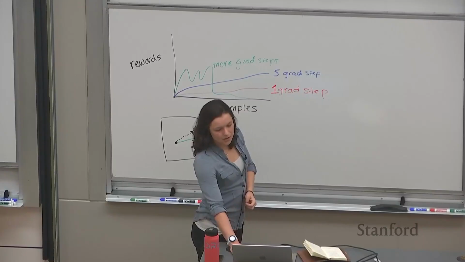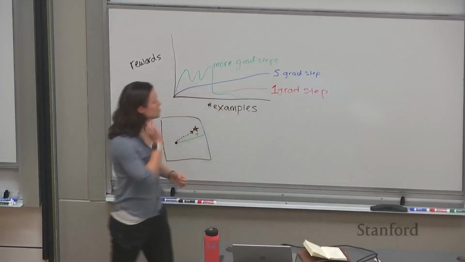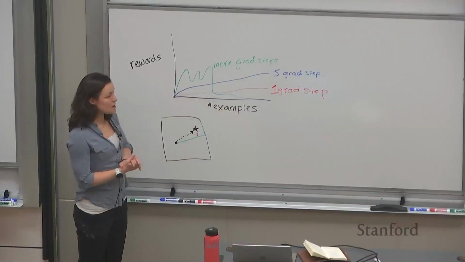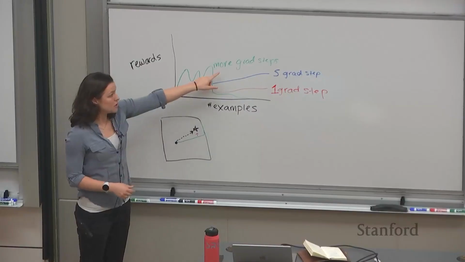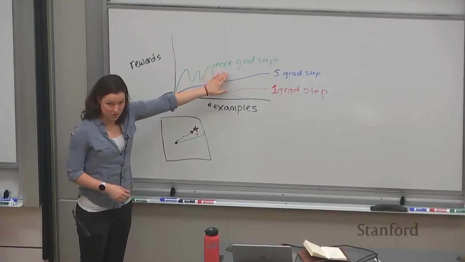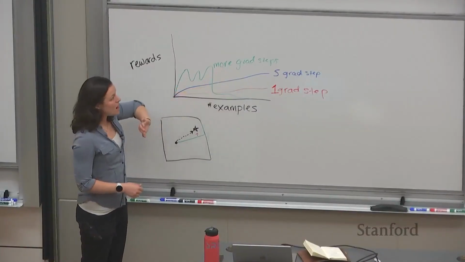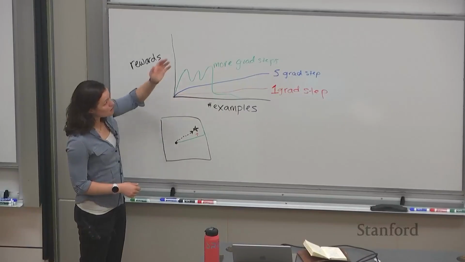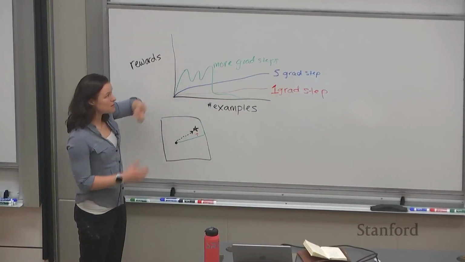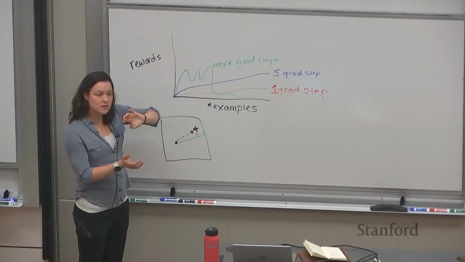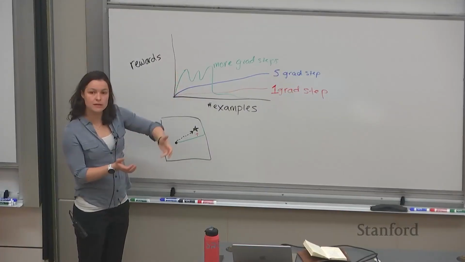And so there's a question of how do we address this? There's actually a couple things that we can do in order to be able to stably take more gradient steps. The key idea is if we keep the new policy a little bit more close to the original policy, then those advantage estimates are more likely to be valid.